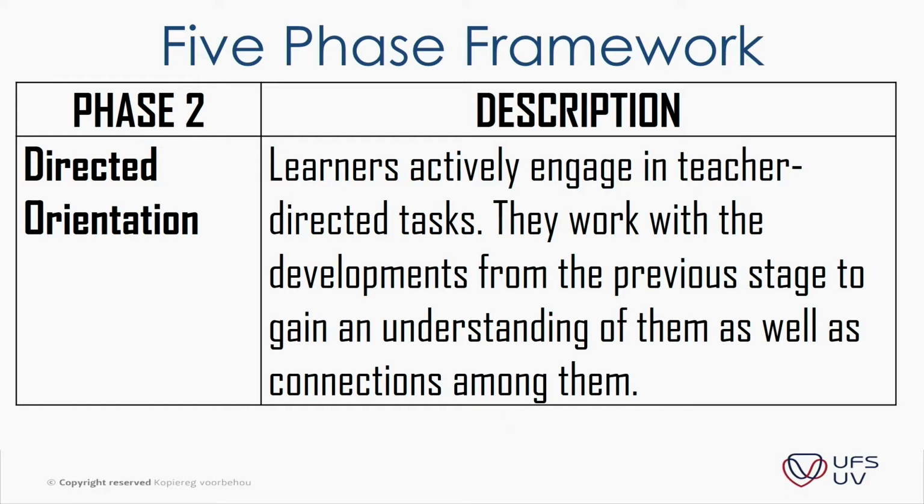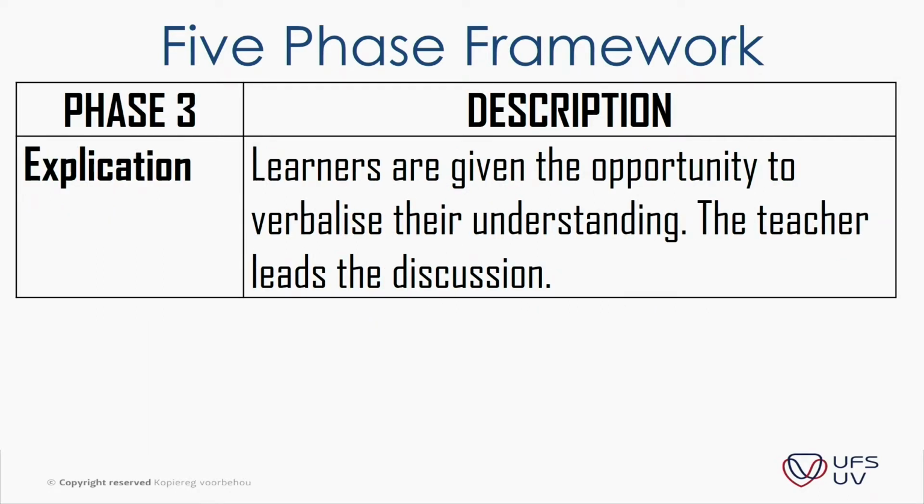Phase 2, directed orientation. Learners actively engage in teacher-directed tasks. They work with the developments from the previous stage to gain an understanding of them, as well as connections among them. Phase 3, explication.